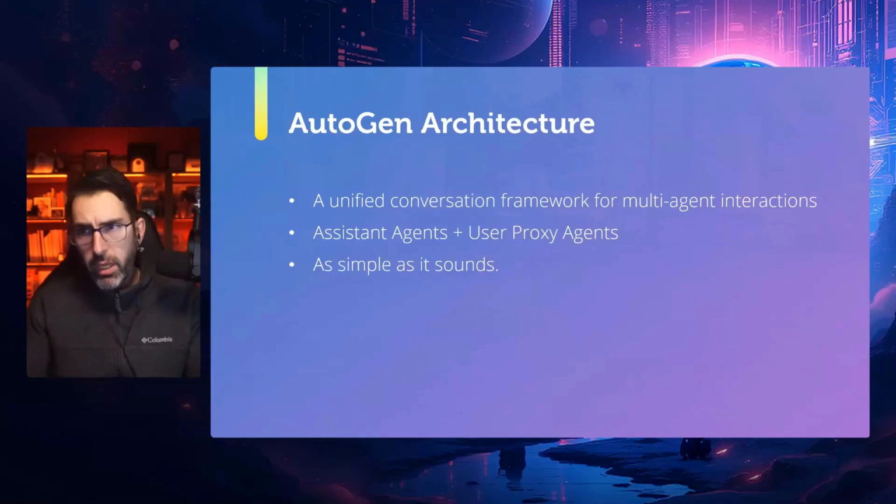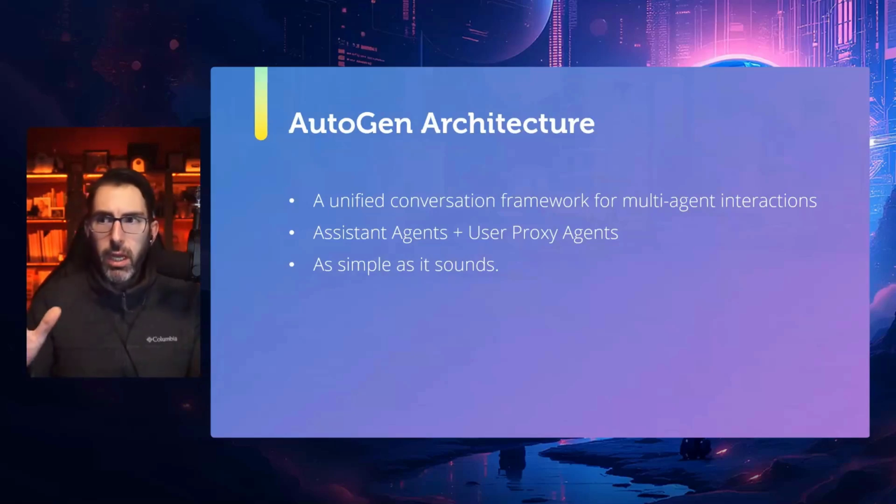Okay. So going into the architecture a little bit more, there are a couple of things we should discuss here as well. The architecture of Autogen provides a unified conversation framework for multi-agent interactions. So that's how collaboration goes through. Agents in Autogen are conversable, right? They send and receive messages to other agents, and customizable, which means they integrate with various LLMs and tools, or they represent human input.